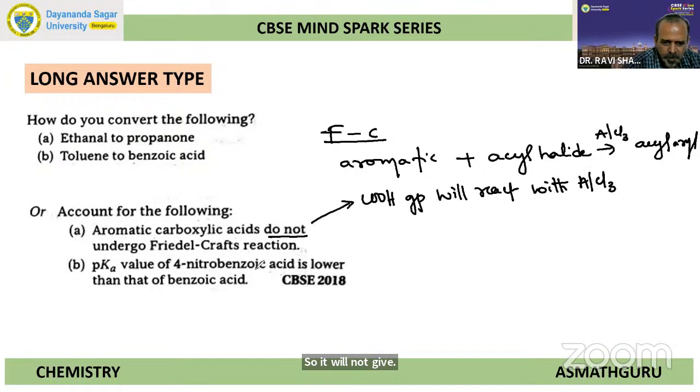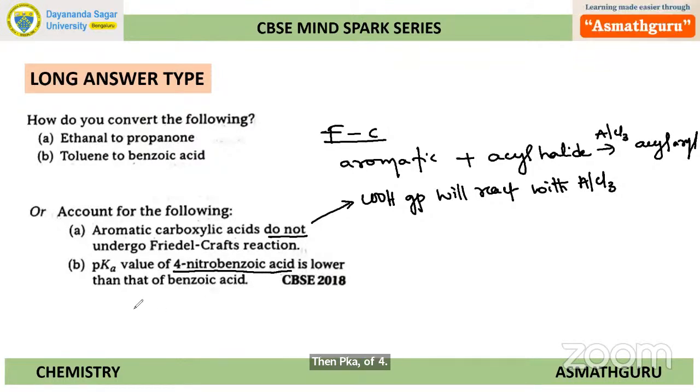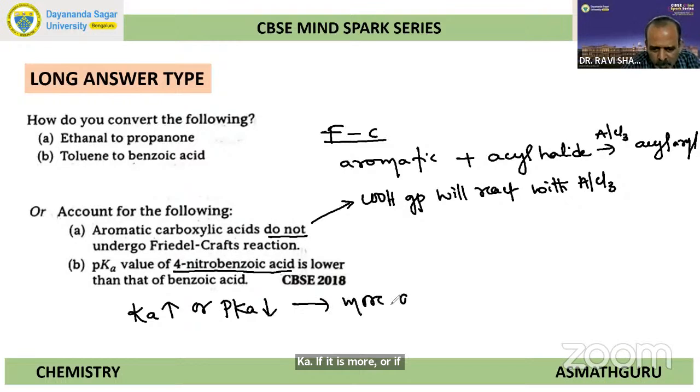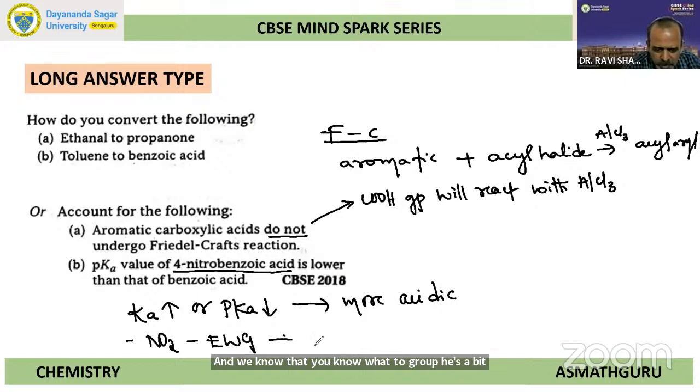Then, the pKa of 4-nitrobenzoic acid is lower. Why? I told you already, because NO2 is electron withdrawing. If Ka is more, or if pKa is low, that means it is more acidic. The NO2 group is a withdrawing group, so it increases acidic nature.